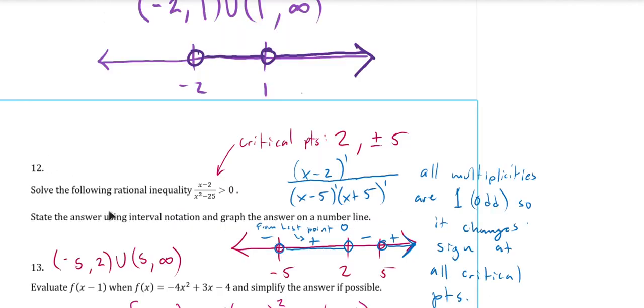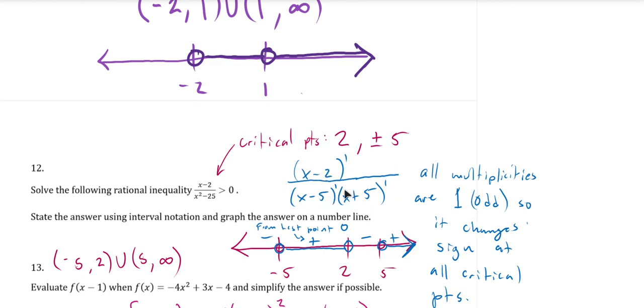Question number 12 has a rational inequality for us to solve. I would begin by factoring everything I could in the polynomials on the top and bottom. And then I would have x minus 2 over x minus 5 times x plus 5. All of these are multiplicity 1 factors. This means that we're going to change our sign as we go through each one of these, either zeros in the numerator or asymptotes in the denominator.